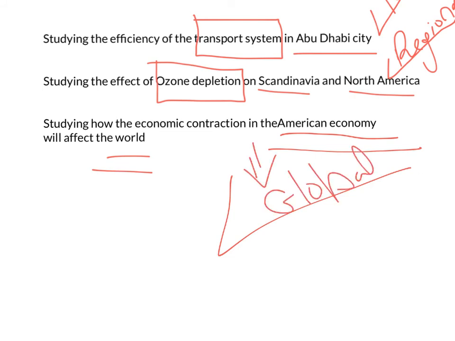Okay, because we are studying the effect of one factor, which is the economic contraction in the American economy, on the whole world. So I hope that this example will help you to figure out how we can classify the 3 levels that the geographers can work on while conducting their studies.